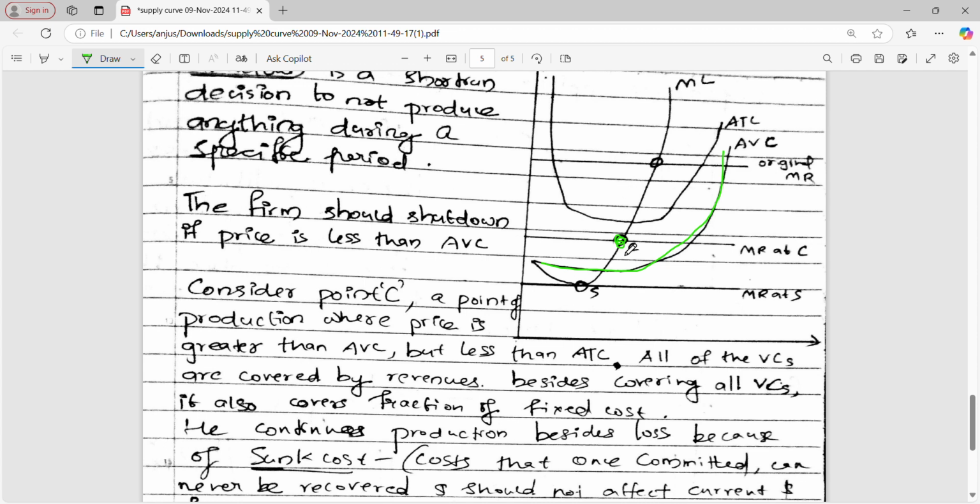It is greater than AVC, but lesser than ATC. ATC is here. So greater than AVC, lesser than ATC. All of the variable costs are covered by revenue. So at this point, as the AVC is below, we can see that all the variable costs are covered by revenue. Also, a fraction of fixed cost is also covered by revenue.